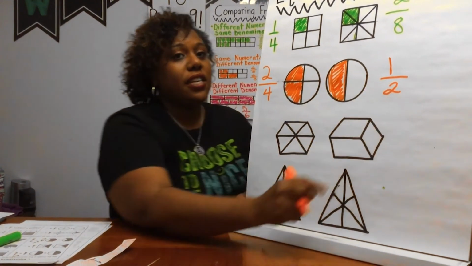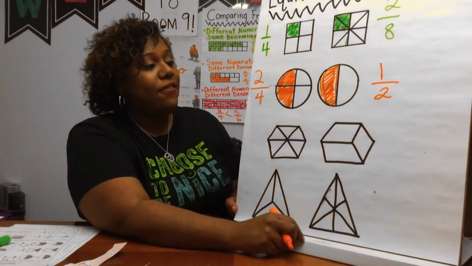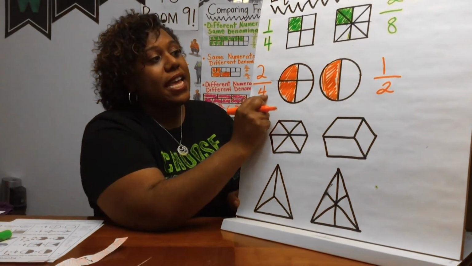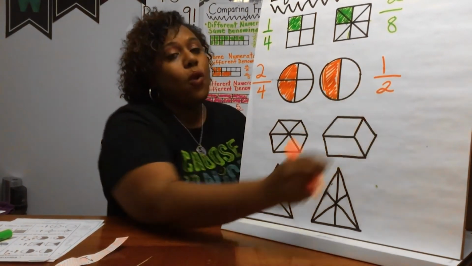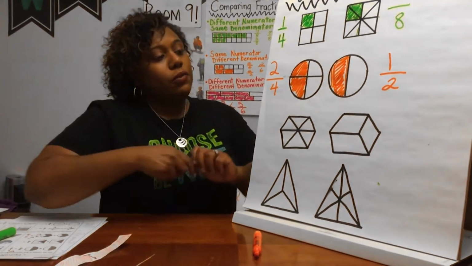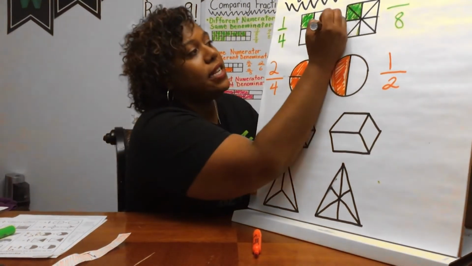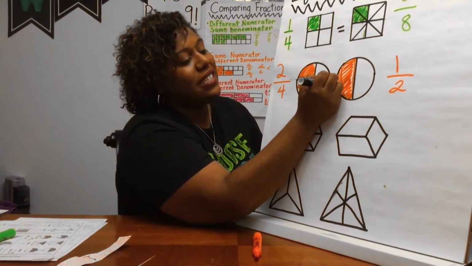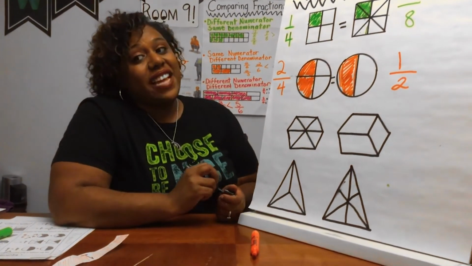What's that fraction? 1/2. Very good. So we could say 2/4 is equal to 1/2. So let's put an equal sign in there between these two, right? Okay, let's do another one.